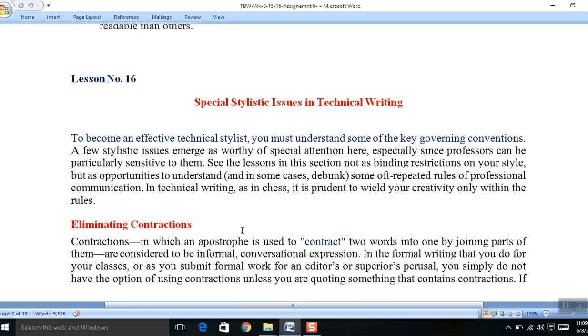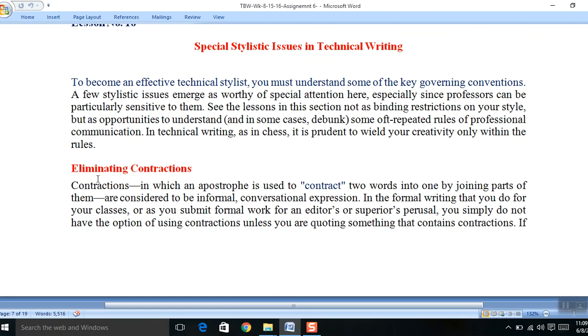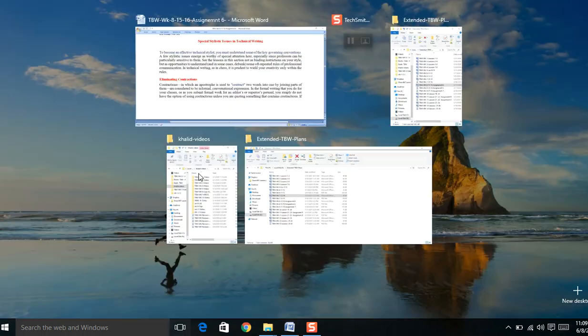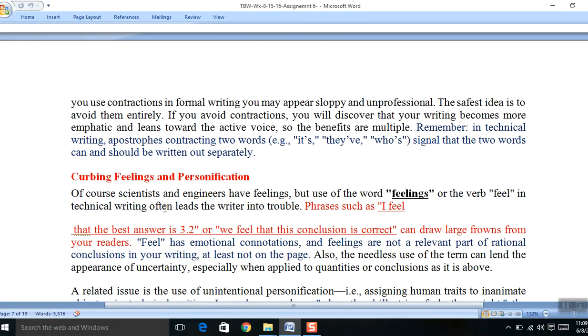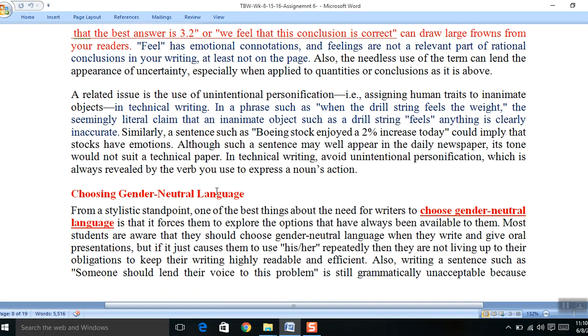And now there are some specific stylistic issues in writing. Eliminate contractions, that is, do not use contracted words, short words, conversational expressions. Fine. Next, do not include your feelings and personifications, rather be objective.